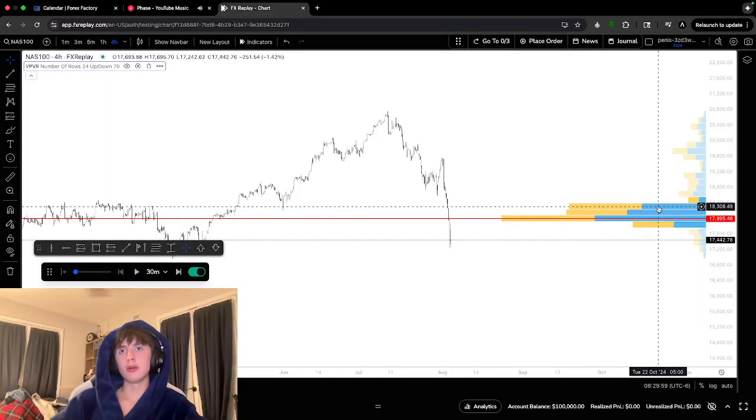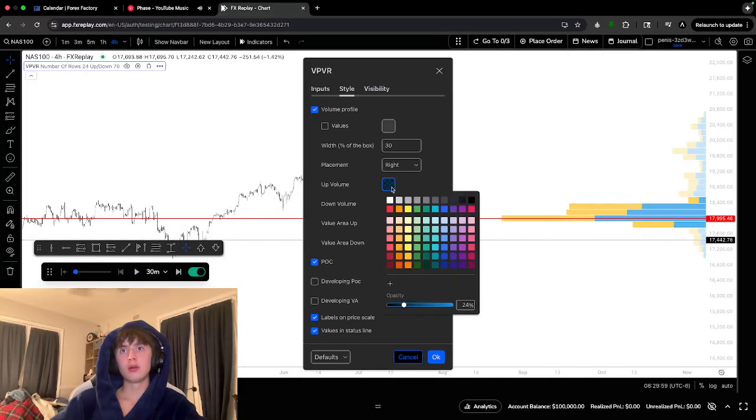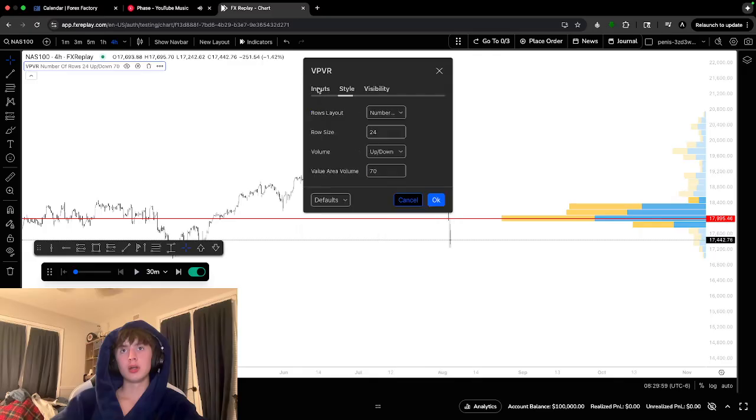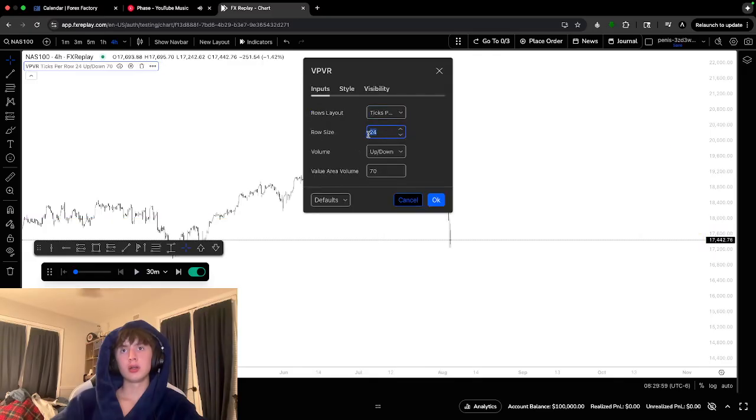Volume profile. This never needs to be low. That's not very low. 8, 9, 10, 11, 12.